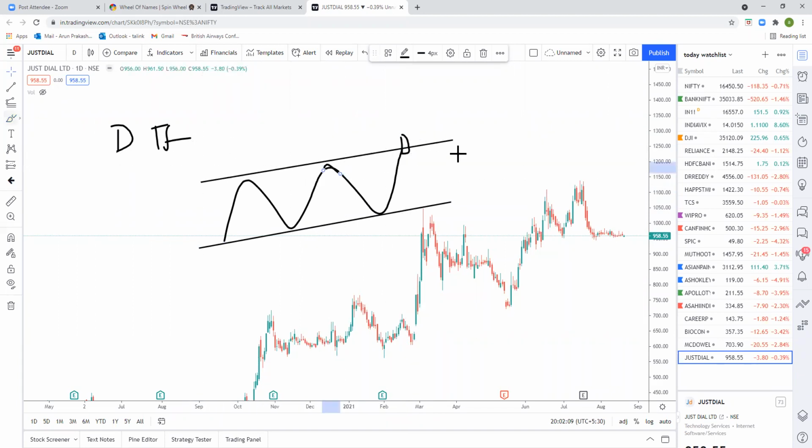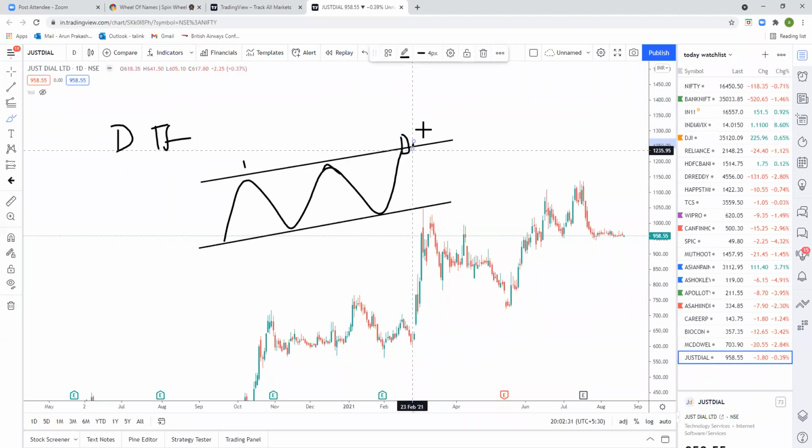Don't just go ahead and trade it based on a 5-minute close or 15-minute close. If you have drawn this pattern in daily time frame, at least wait for a 1 hour bullish candle close to happen. 1 hour bullish momentum close. You should not see any sort of long wicks. Only then you can enter into this stock. Or the safe trade will be to wait for a daily close and then go for it.